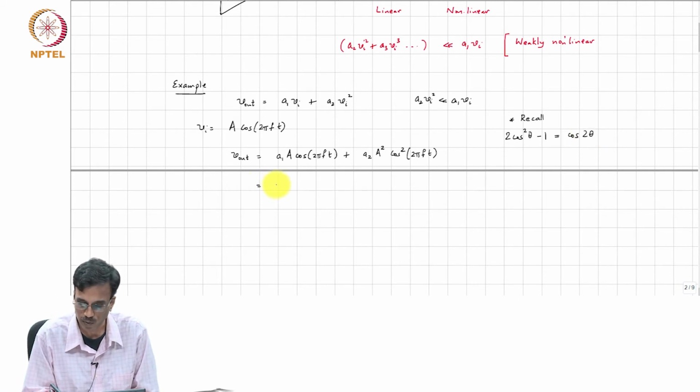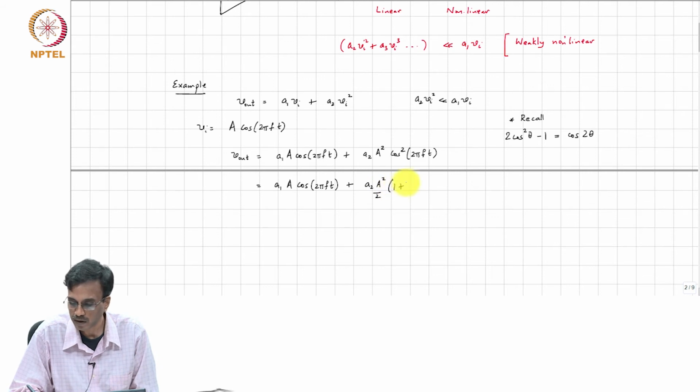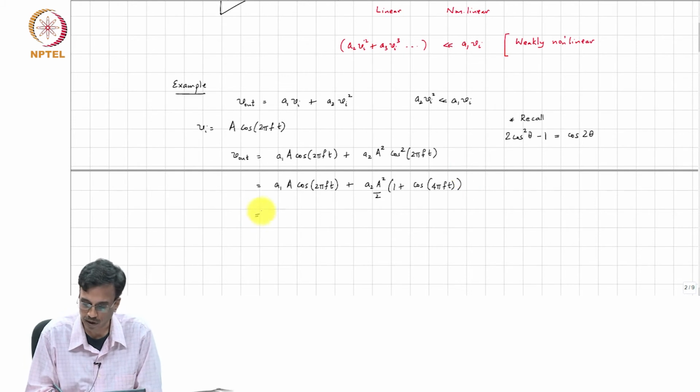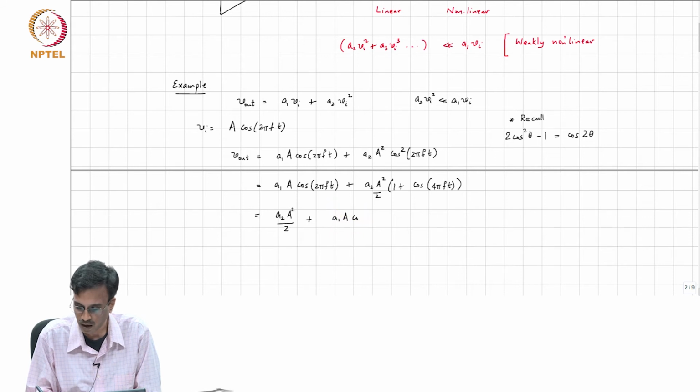Therefore, this is nothing but A1 A cos 2 pi ft plus A2 times A square by 2 times 1 plus cos 4 pi ft, which can therefore be seen to be A2 A square by 2 plus A1 A cos 2 pi ft plus A2 A square by 2 cos 4 pi ft.